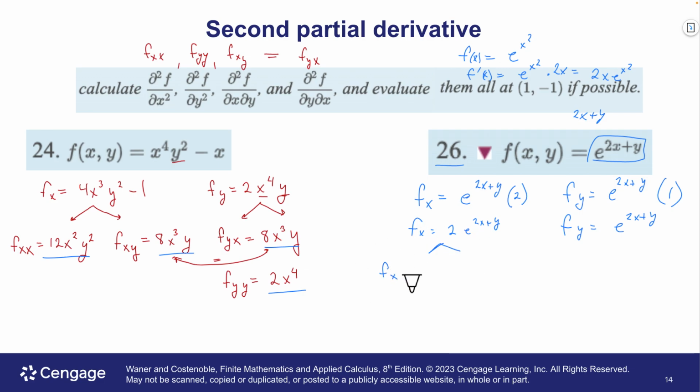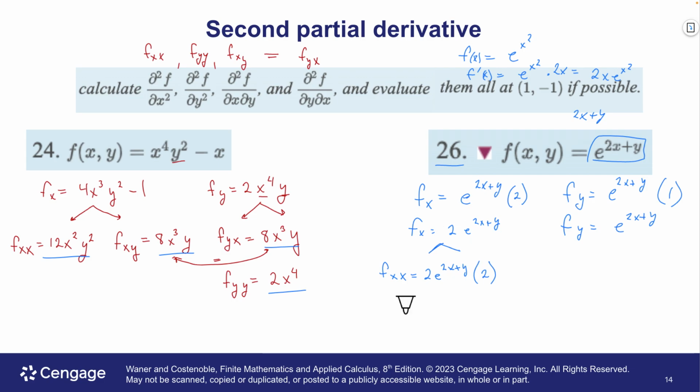Taking the derivative with respect to x and taking its derivative with respect to x, we're going to get the same thing again, because that's what happens with e to the x, times the derivative of the inside. Derivative of the inside is 2, because we're taking the derivative with respect to x. Derivative of y is 0.